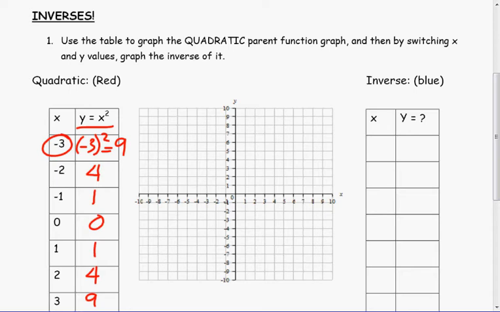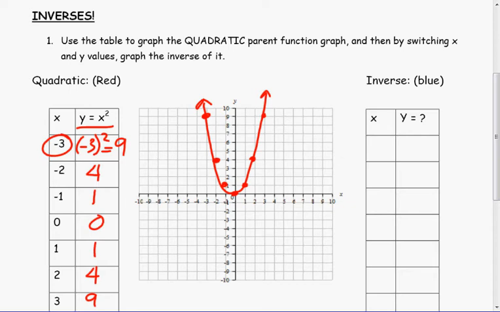So those are the basic points that we're going to use to plot on our graph and get this parabola. All right, and hopefully that looks very familiar to us all as we've spent a lot of time on that.